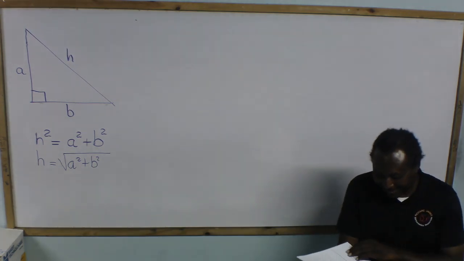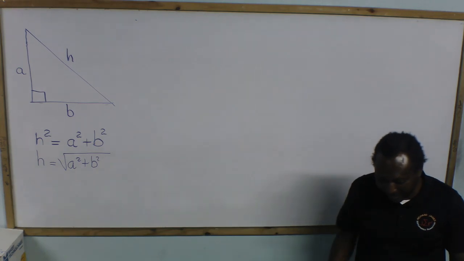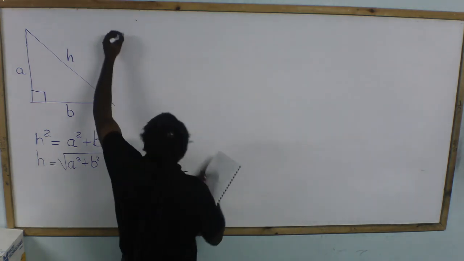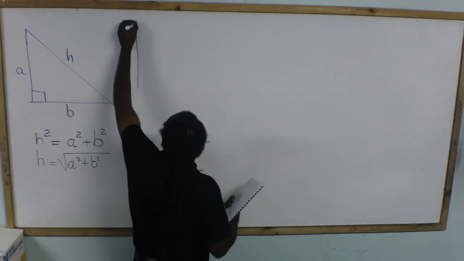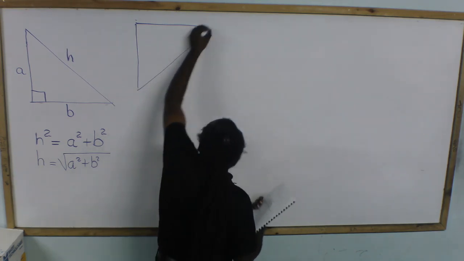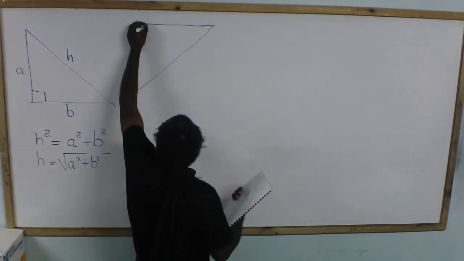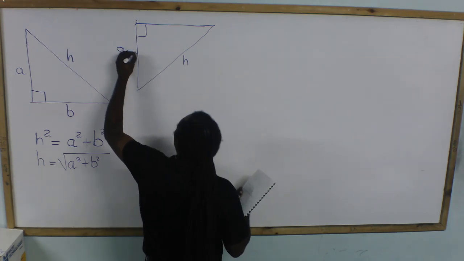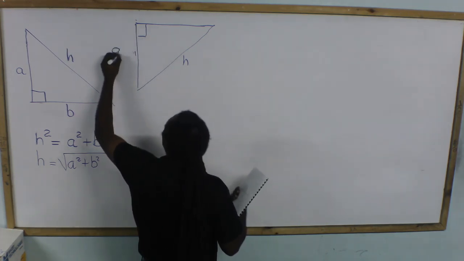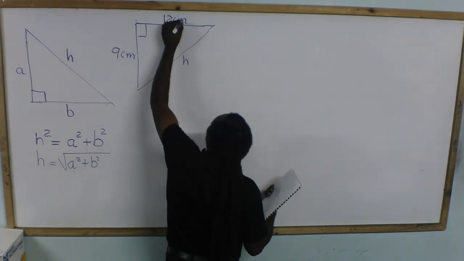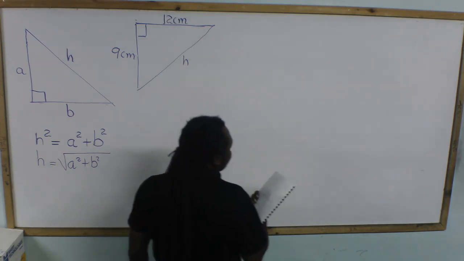Now go back to your instructional manuals and we will apply Pythagoras theorem in finding the hypotenuse of the given right angled triangles. Centimeters.